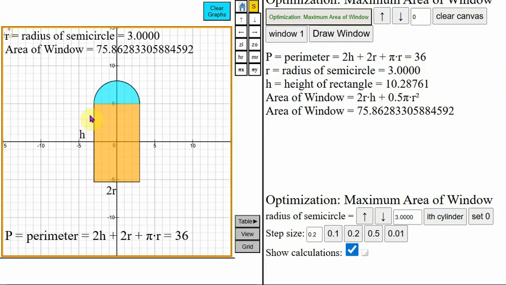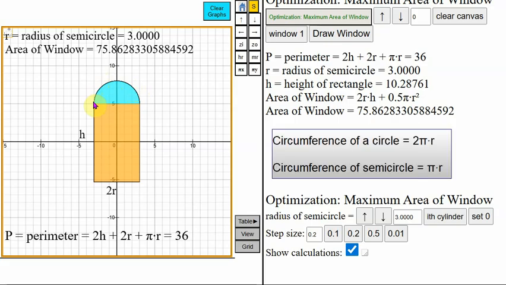Notice that the perimeter is going to be 2h, this side plus this side, and then 2r, which is 2 times the radius, plus the circumference of the semicircle up here. Recall that for a circle, the circumference is 2 pi r. So for a semicircle, it's going to be pi times r.